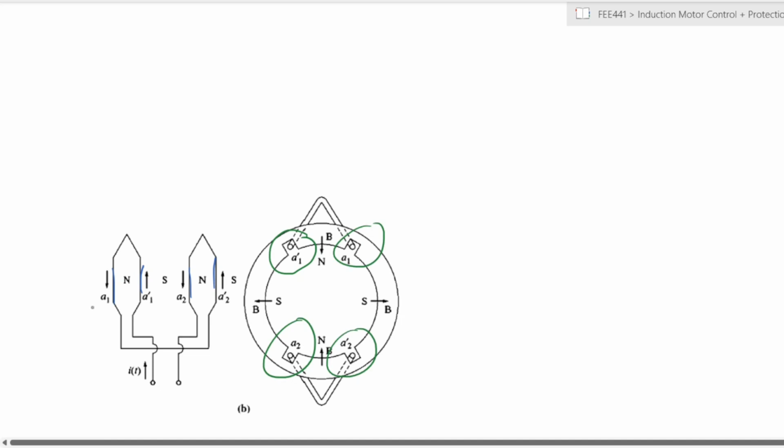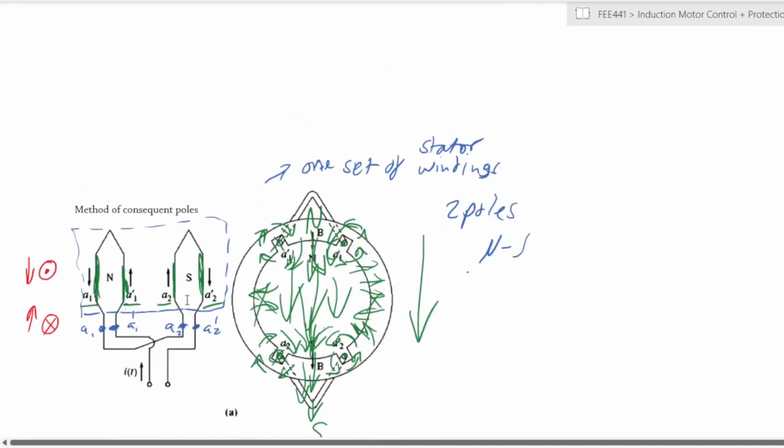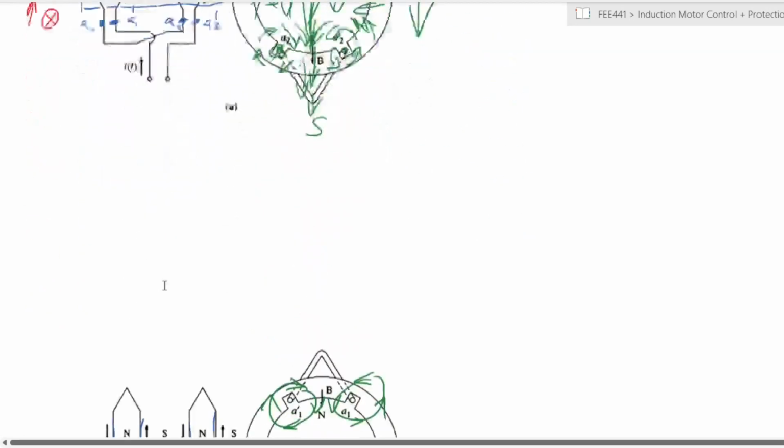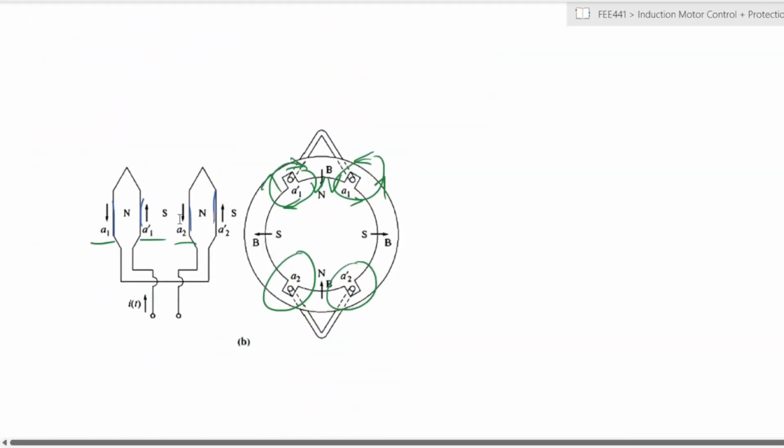So if we take our A1 magnetic field, which is here, it would then be counterclockwise. Our A1 prime would be clockwise. A2, which is over here, now because we have a different configuration from the one above, here we had it moving upwards, whereas on this side it is moving downwards.